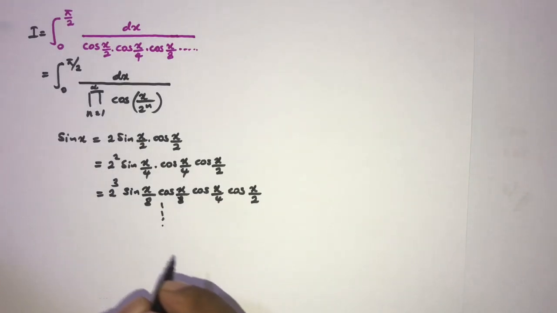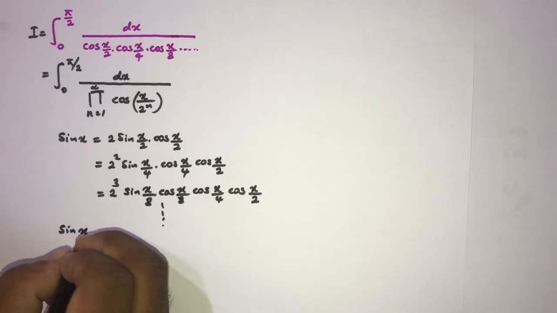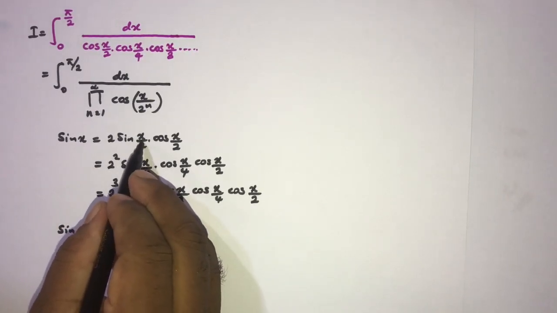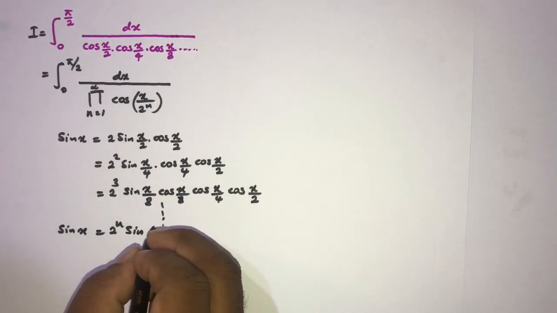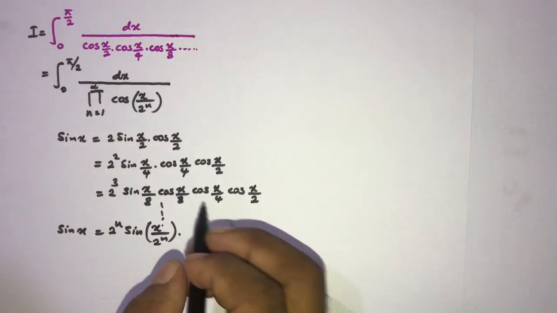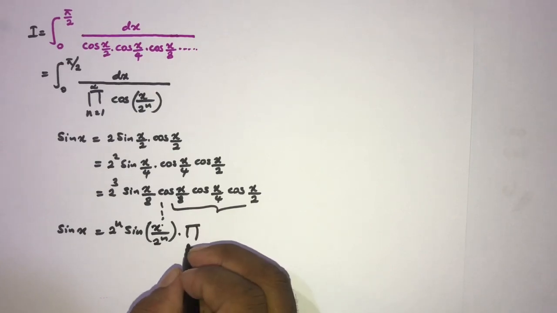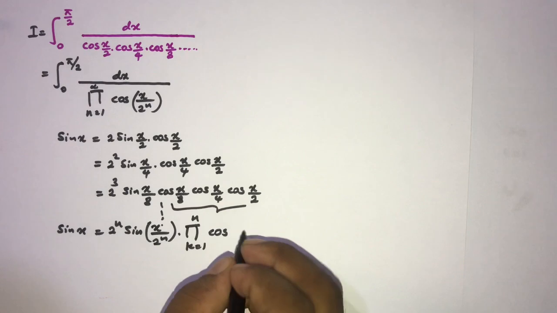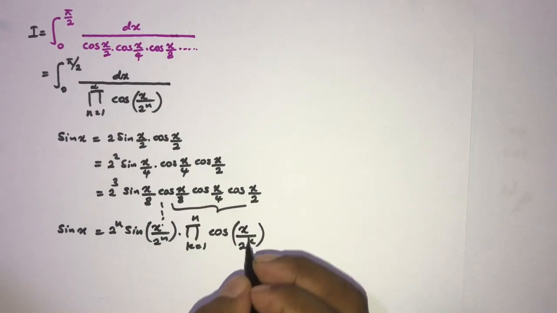Here we have a pattern, and if we take n terms, we can write sine of x is equal to 2 raised to the n times sine of x over 2 raised to the n, times the product, so we can use capital Pi, k equals 1 to n of cosine of x over 2 raised to the k.